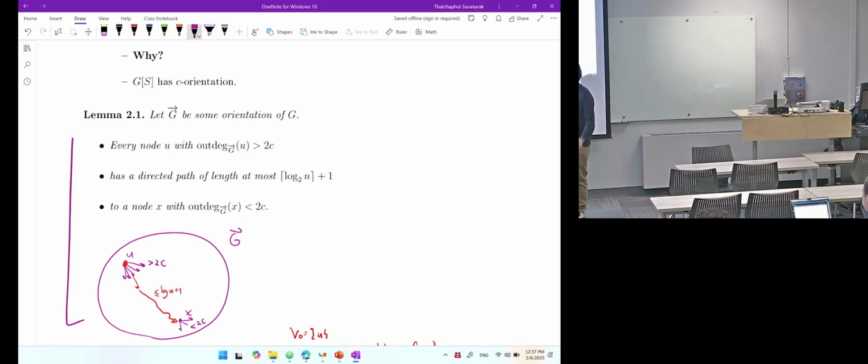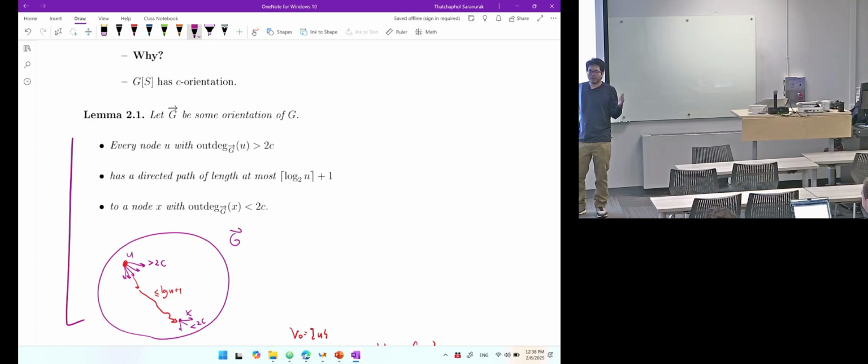So this is a good idea now. It means what? If you have a graph and suppose that you already maintain a 2C orientation, if I delete an edge, what do I need to do? Nothing. It's still a 2C orientation. It only gets better.